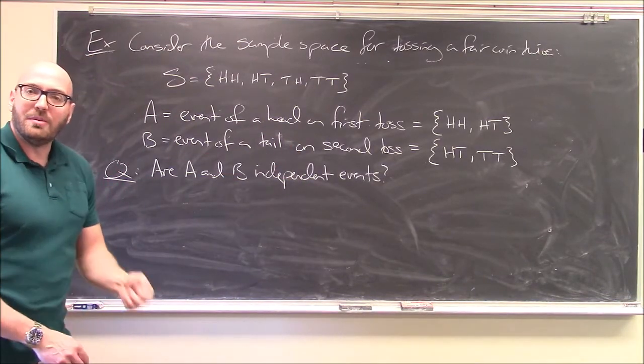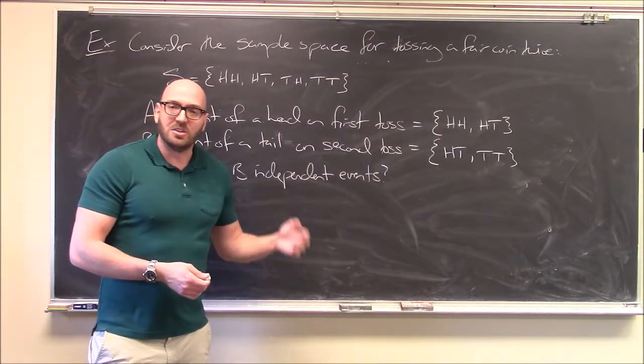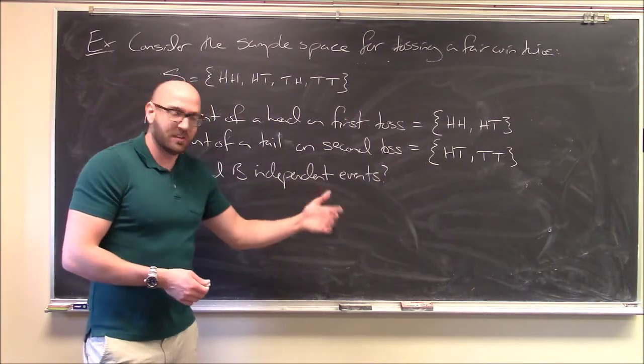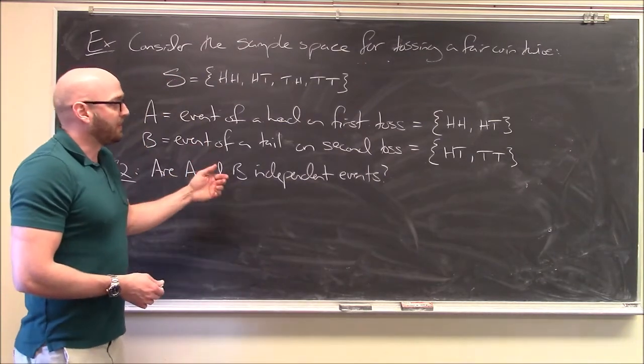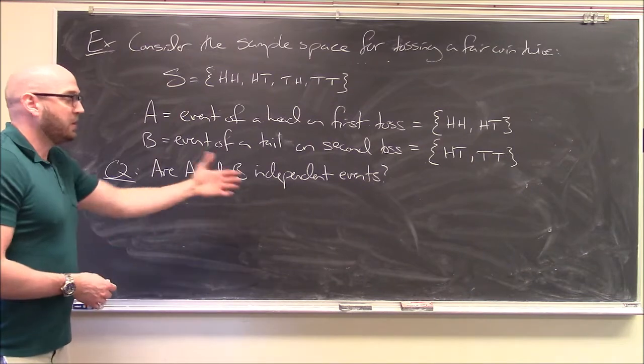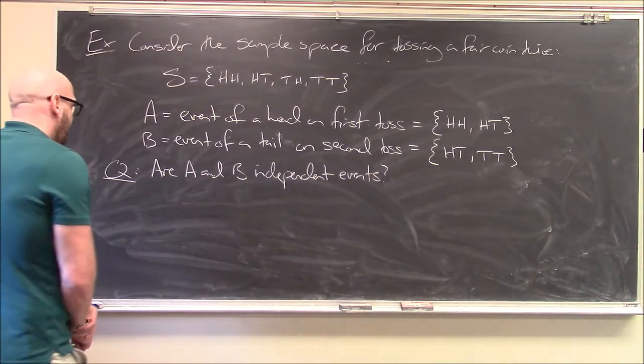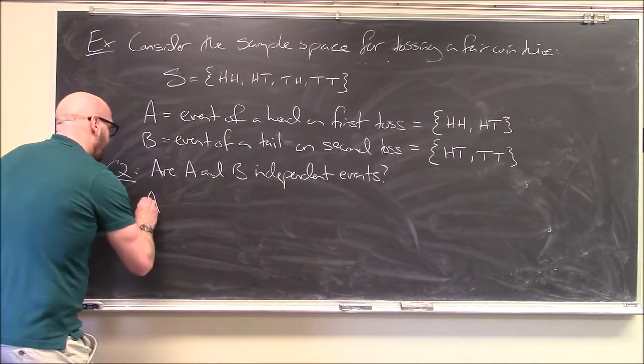Well, coins don't have any memory, right? The second toss should be completely independent of the first. It shouldn't matter what shows up on the first toss, that shouldn't affect the second toss at all. So intuitively, yes, I very strongly expect that these are independent events. But let's demonstrate this.